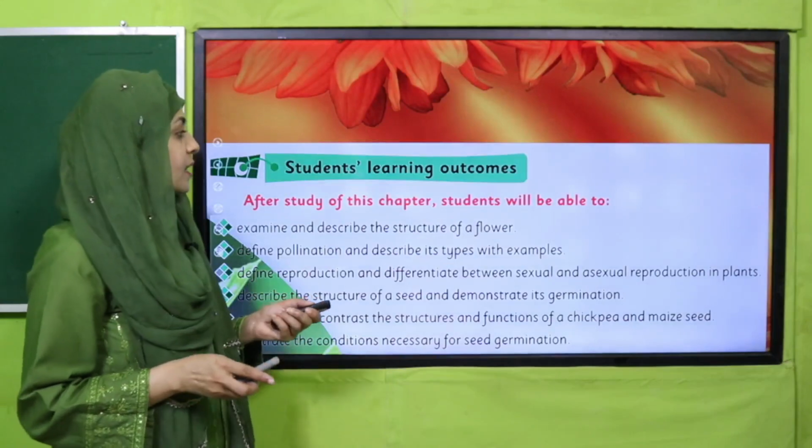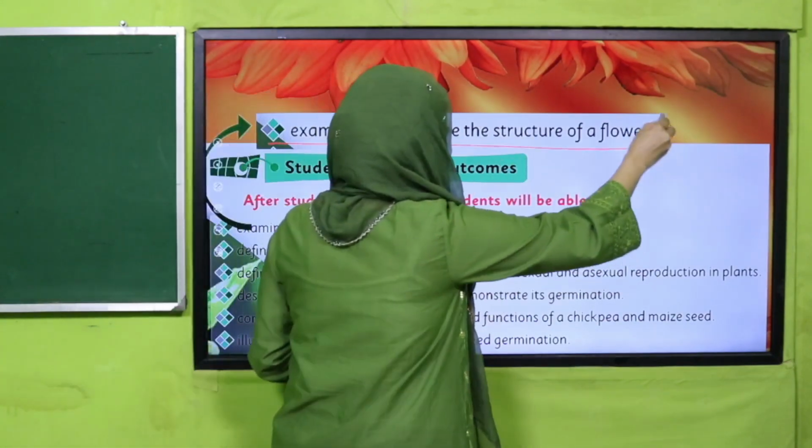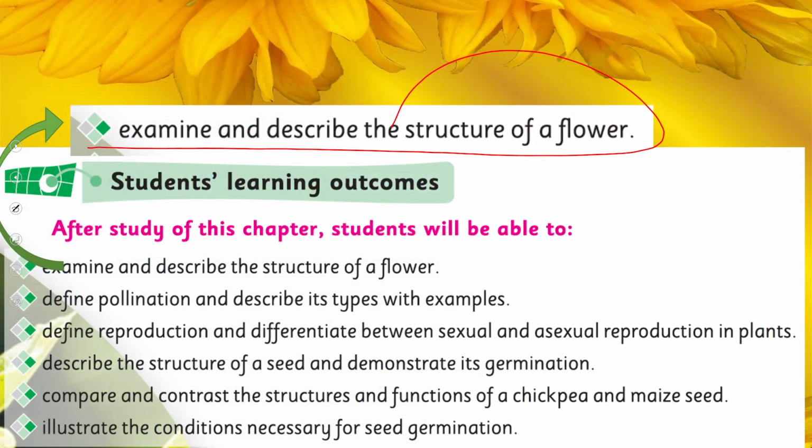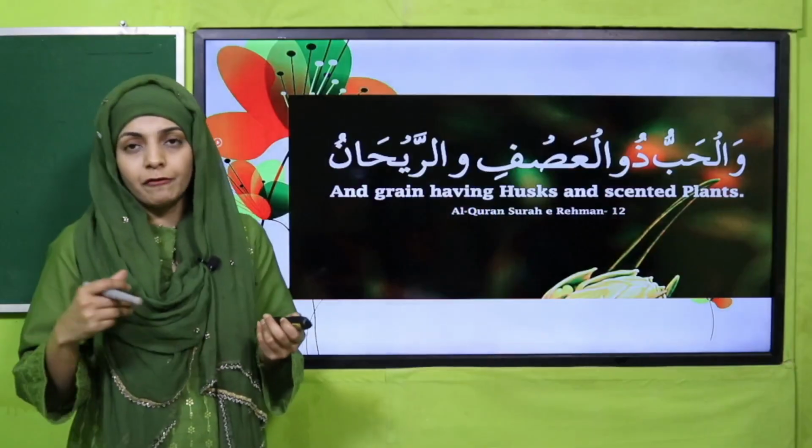So today's lecture, the students will examine and describe the structure of a flower. तो आज बच्चे एक flower का structure examine भी करेंगे, and they will also be able to describe it. अल्लाह ताला ने भूसे वाले और खुशबूदार पौधे इस दुनिया में पैदा किए हैं, like flowers.